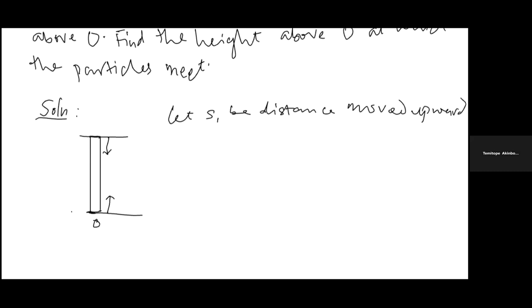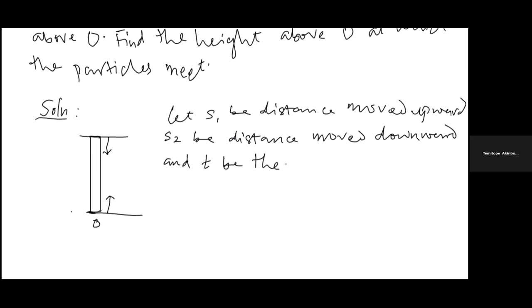Then S2 be the distance moved downward. And T be the time where they meet.